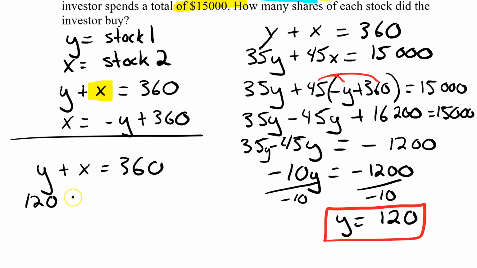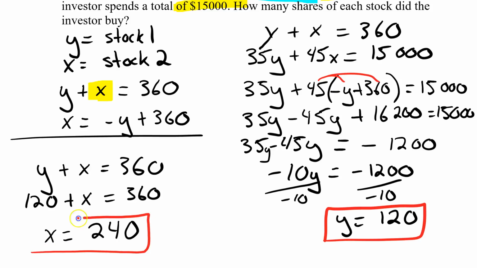So 120 plus x equals 360. I'm going to solve for the x, which means I bring the 120 to the other side. It is positive, so I'm going to subtract it. X equals 360 minus 120 is 240. And there I've solved for my x. So I'm going to have 120 of stock 1. I'm going to have 240 of stock 2.